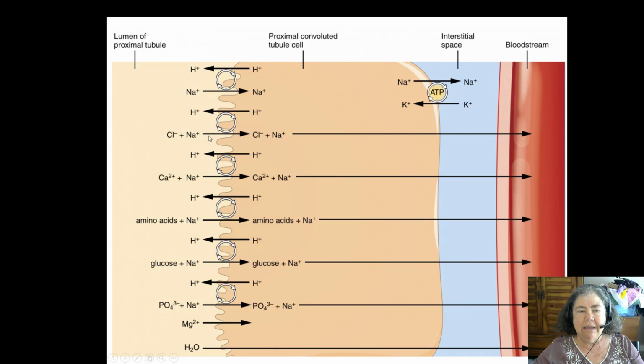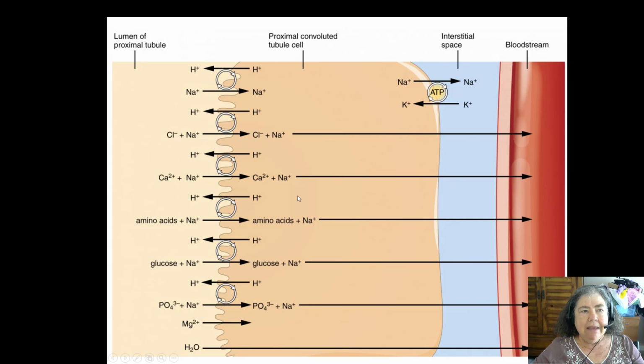Here we have one that uses sodium and chloride down the concentration gradient with hydrogen ion out. Here we have one that is using calcium and sodium. Here we have one that is helping to transport amino acids. Here we have one that's moving glucose and sodium down the concentration gradient of sodium. And here we have one that's moving phosphate. Here we have magnesium going through a channel, and we have water diffusing all the time.